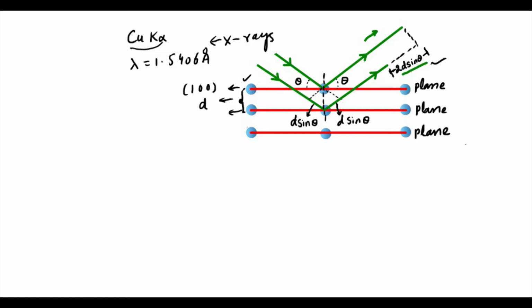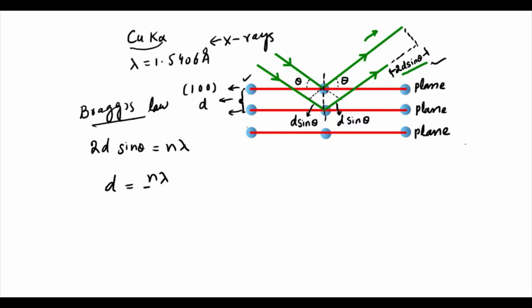So Bragg's law can be written as, and as we all know, Bragg's law is 2d sine theta equal to n lambda, and we can find the d, or the spacing distance, which is n lambda divided by 2 sine theta. Here n is the first order diffraction, which in this case is 1.